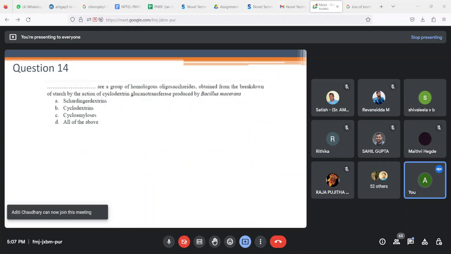Moving to question 14. Dash are a group of homologous oligosaccharides obtained from the breakdown of starch by the action of cyclodextrin glucanotransferase produced by Bacillus macerans. What do you think is the answer? Do you guys know what is cyclodextrin?